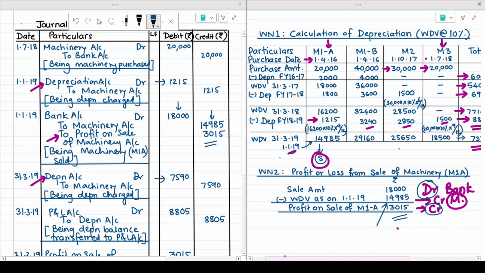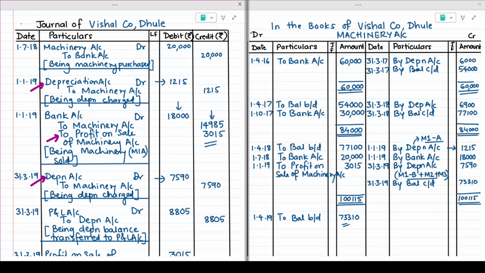With these working notes, we prepared machinery account and did the posting for 3 years. For third year, we also passed journal entries after posting. Actually, we should have done this before posting, but that's okay. So this is your practical problem 1 as per WDV method in your textbook exercise.